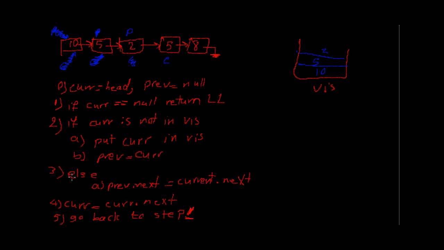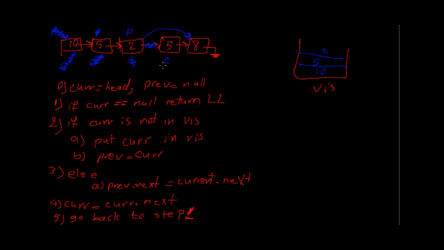So we're gonna execute this else statement. So else is telling us that we have to put the previous.next, okay, so this guy, to current.next. So previous.next is gonna be pointing at current.next. So it's gonna point at here.